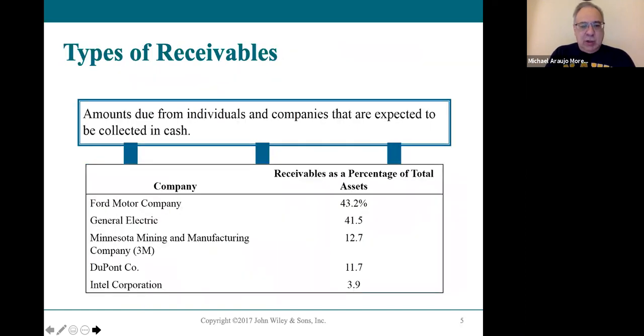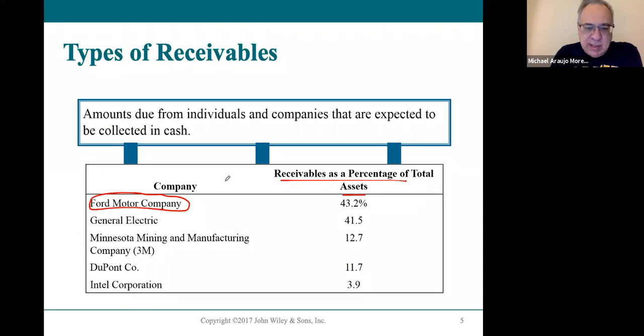Okay. So receivables can be a very sizable part of a company's assets. Looking at receivables as a percentage of assets, I'm going to pick on Ford, because I don't know how long ago this chart was done, and GE has changed quite a bit over the last several years. It's a much smaller, different type of company than it was before.